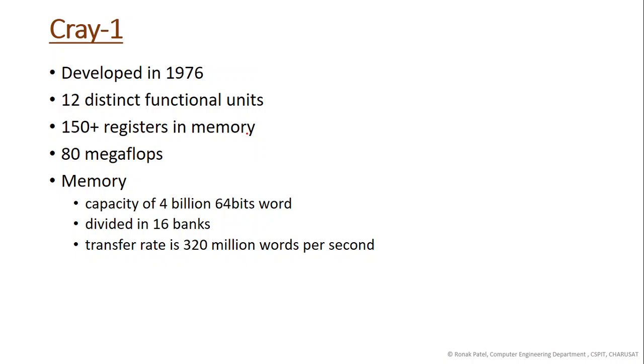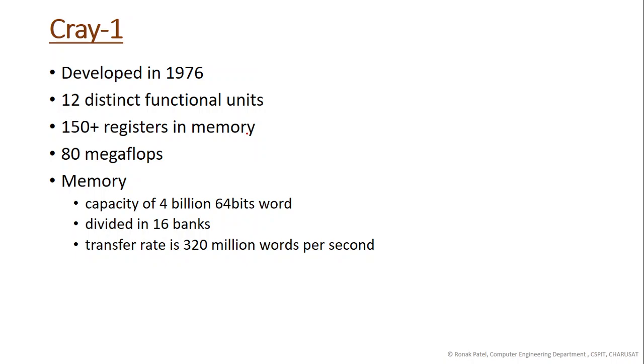It has a memory capacity of 4 billion 64-bit words, divided into 16 banks, 16 different memory modules, and the transfer rate is 20 million words per second, because they are tightly coupled.